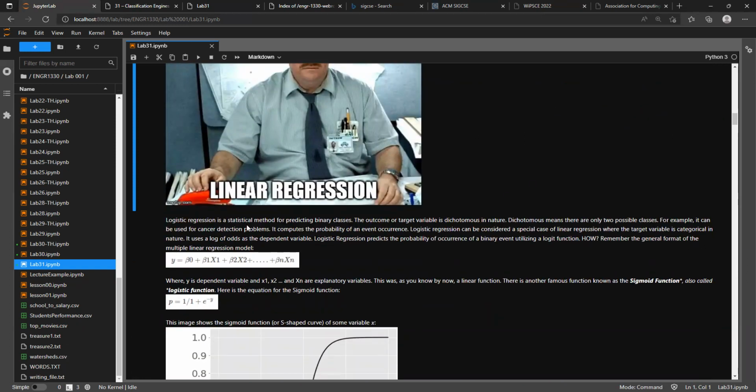Logistic regression is a statistic method for predicting binary classes. The outcome or target is dichotomous in nature, means there's only two possible cases. For example, it can be used in cancer detection problems. It computes the probability of an event occurrence, and it can be considered a special case of linear regression where the target variable is categorical in nature, meaning, so when we did like the voltage, time voltage, there's an infinite number of outputs because time goes on forever.